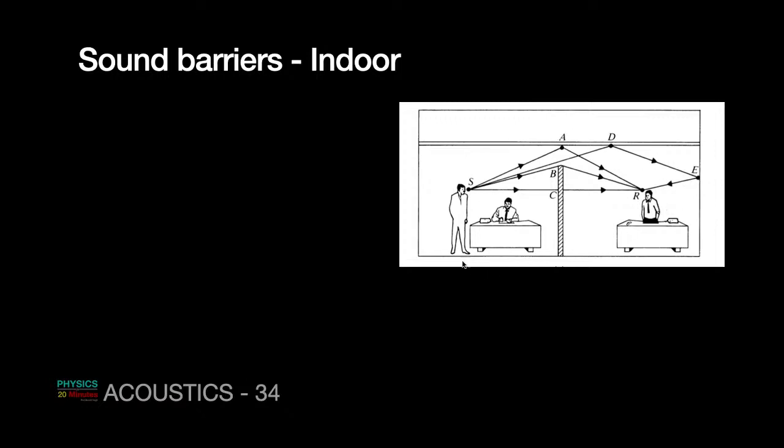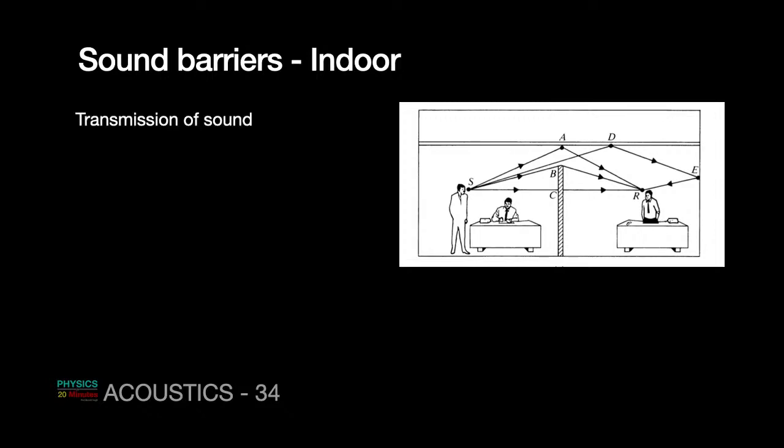Then the sound can travel from desk 1 to desk 2 by various ways. They have put a sound barrier in the middle, assuming that it will block some sound.